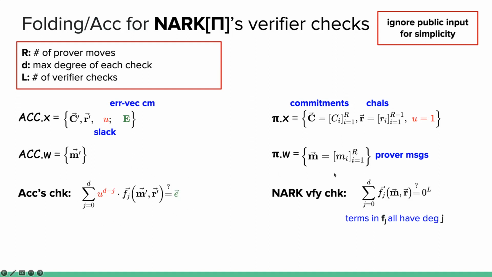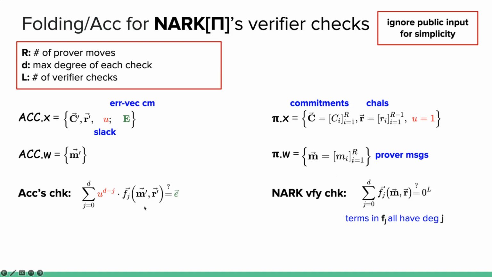This is also quite similar to the NARK validity check, except that we pad every term to exactly degree D. How do we do that? For every term in Fj which has degree j, we multiply by the power of the slack variable u to the D minus j, so that this term now has degree D instead of degree j.